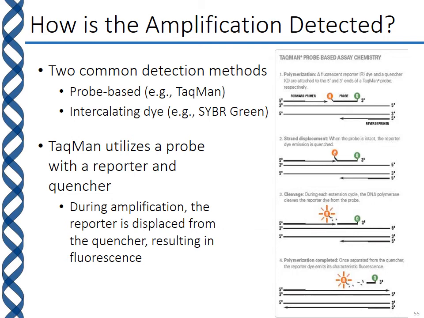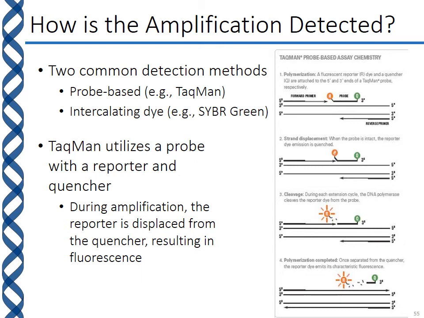Essentially, it's almost like a third primer for your PCR reaction. On one side of the probe is your reporter. In this diagram, that's shown by the orange R. On the other side of the molecule is the quencher, in this diagram shown as a green Q.